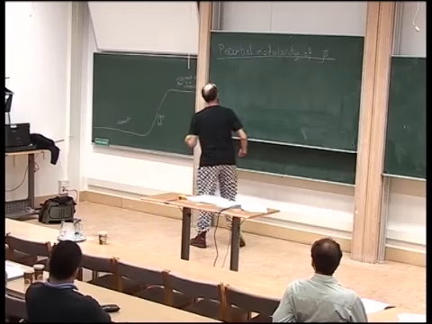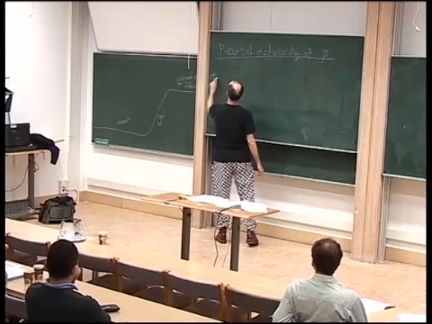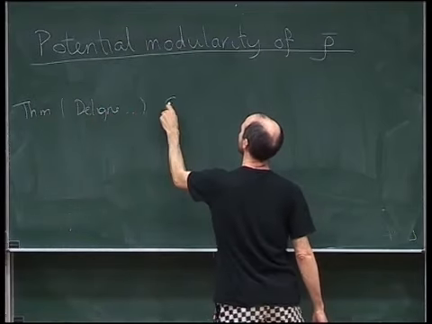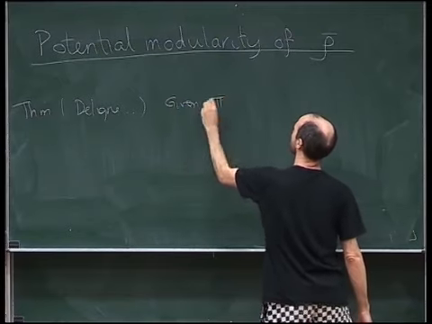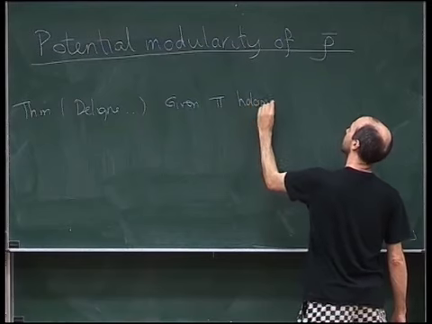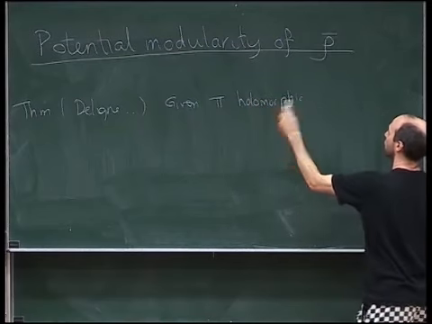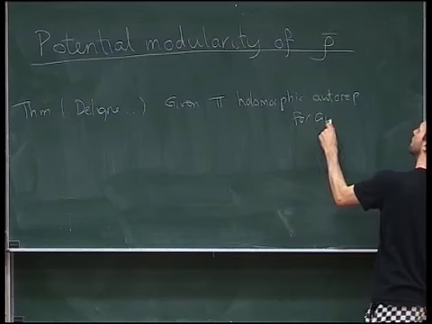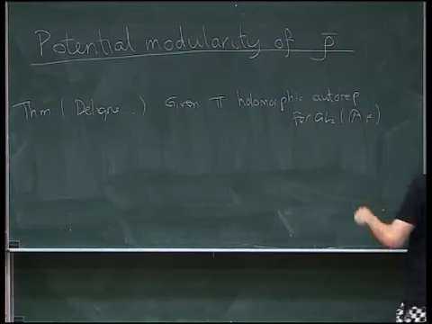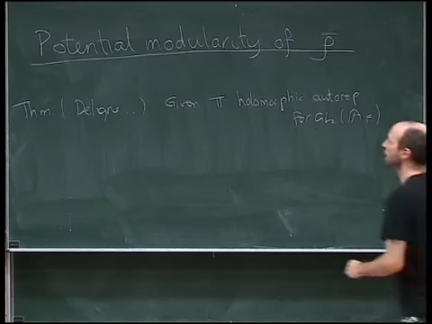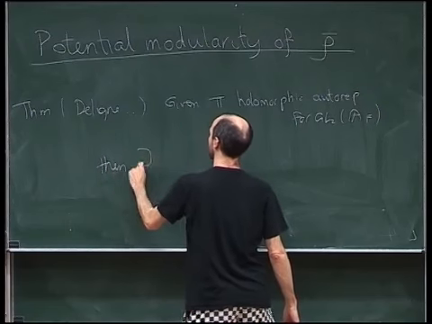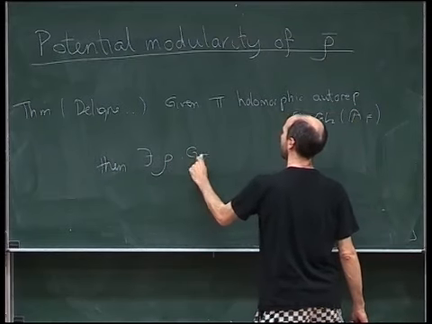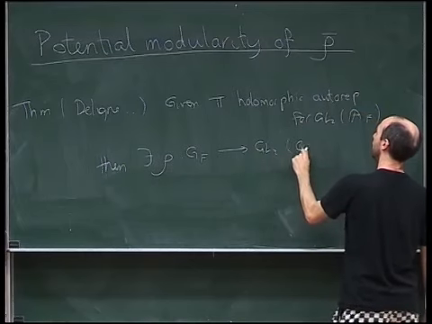So we have this theorem of Deligne and others, Eichler and Shimura and Deligne: given pi, some kind of holomorphic Hilbert modular, holomorphic automorphic representation for GL2 of the Adeles of F, a Hilbert modular form if you like, then there exists some rho, Gal(F bar over F) to GL2 of Q_l bar, attached to pi.